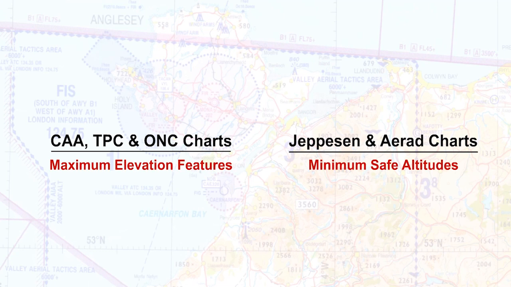Do not treat these as safety altitudes. Jeppesen and AIRAD charts show MSAs, which do include this safety margin. Never treat an MEF as an MSA, or you may find yourself in a cloud flying at the same height as the top of a hill or mast.